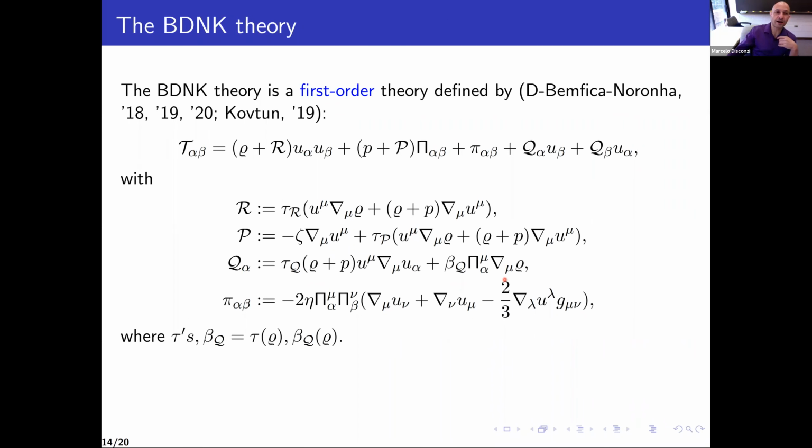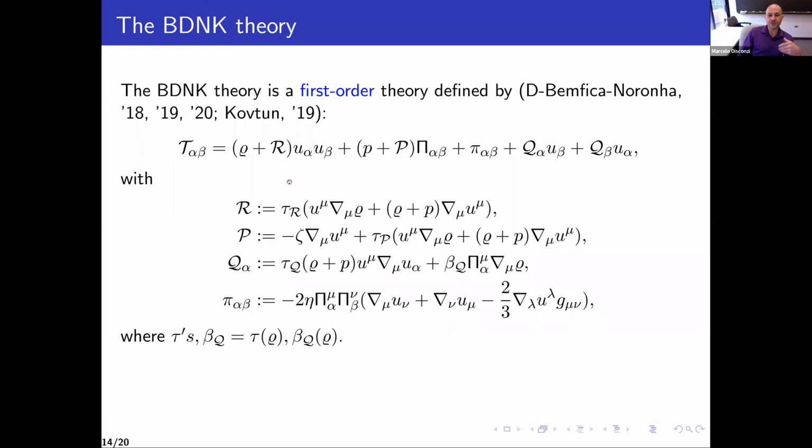So the next theory that I want to discuss is the BDNK theory. This is a first order theory, which is the culmination of several works by different people. It's defined as follows. Starting again with the energy momentum tensor, this is going to be a first order theory, which means that the viscous fluxes are going to be some known expressions of the density and velocity and their derivatives.